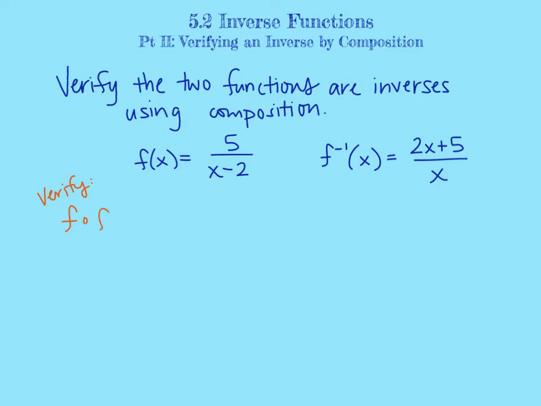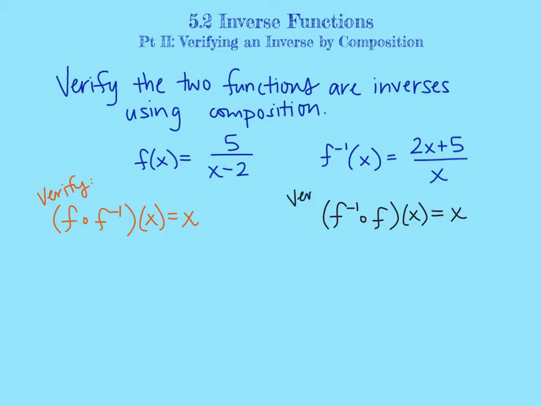What we can do is verify that f of f inverse of x is in fact x, and then we'll go the other way and verify that f inverse of f of x is also x.